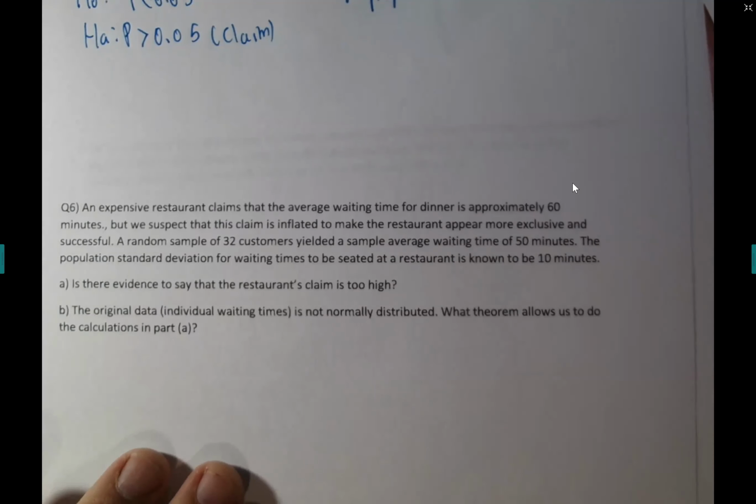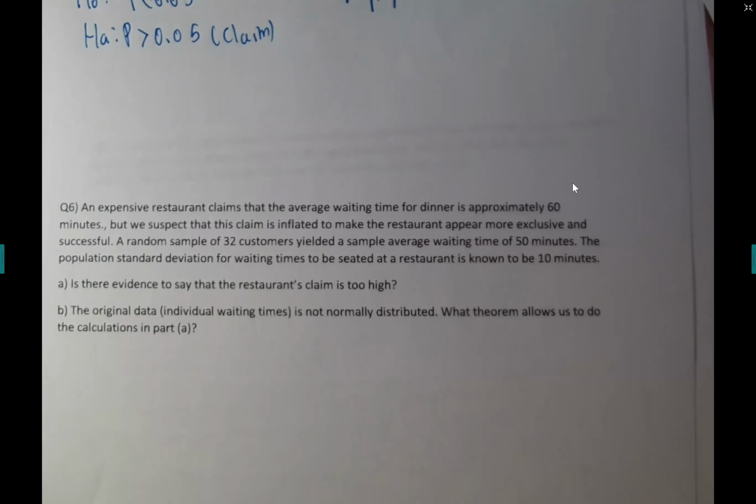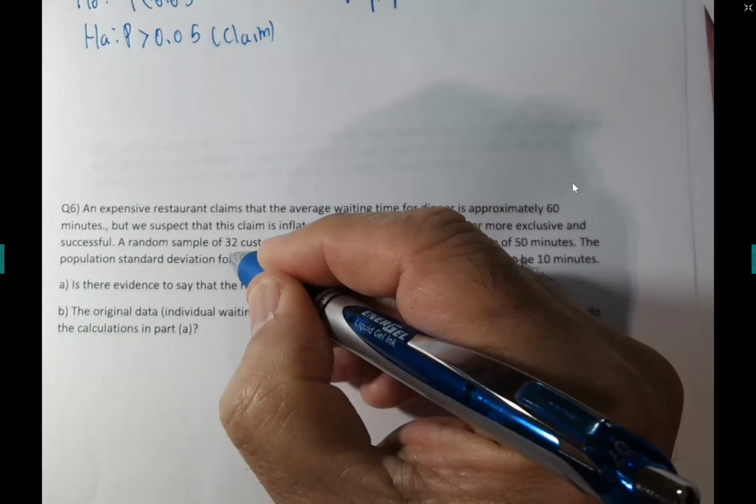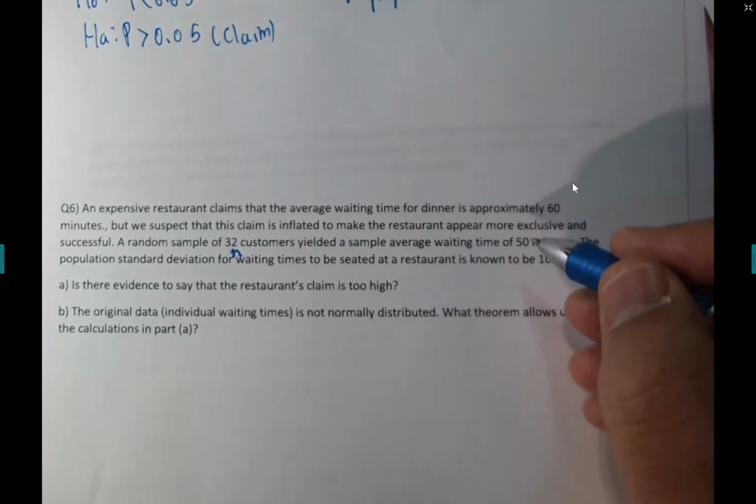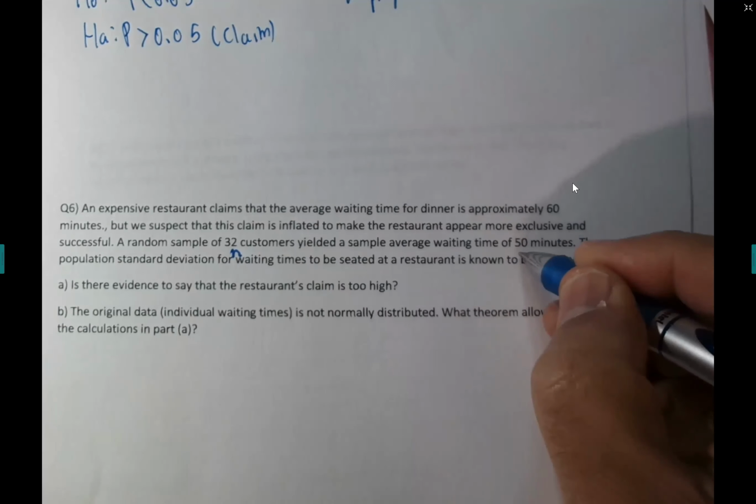An expensive restaurant claims that the average waiting time for dinner is about 60 minutes. But we suspect that this claim is inflated to make the restaurant appear more exclusive and successful. A random sample of 32 customers, N, yielded a sample average waiting time of 50 minutes, X bar.